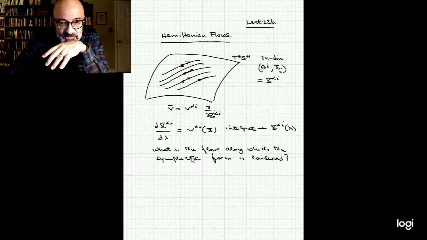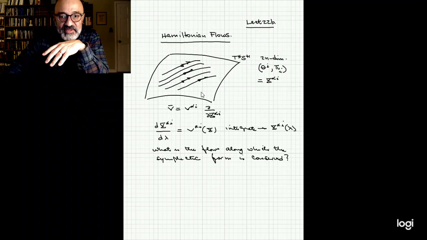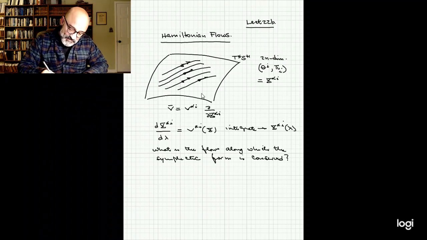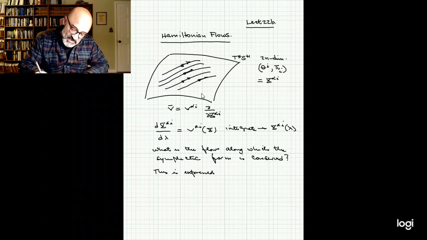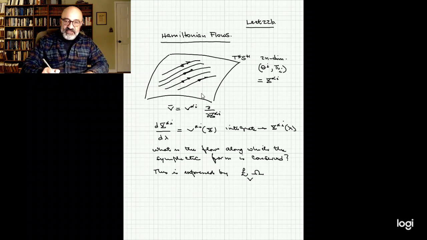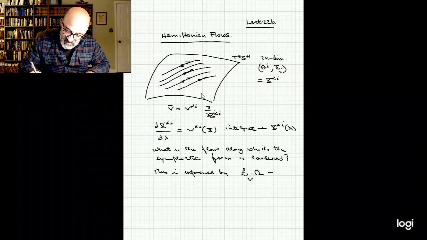In the particular case we're concerned with here, what if you were to move along this flow and the symplectic form does not change? This is expressed by saying the Lie derivative of the symplectic form along that particular vector field is equal to 0.